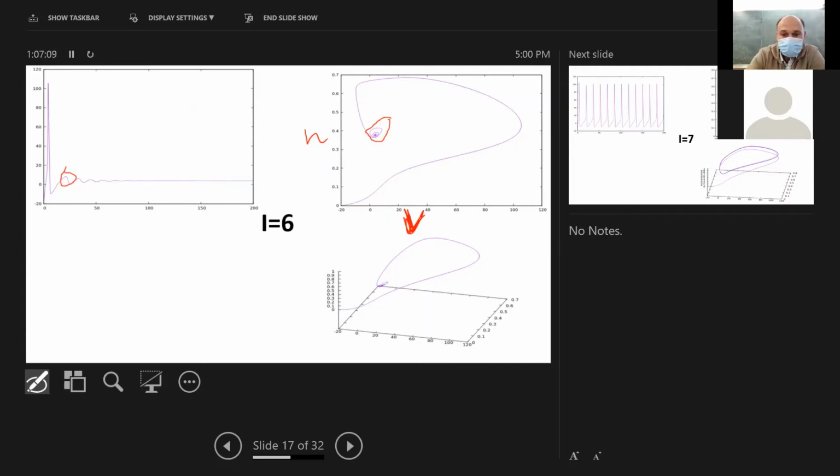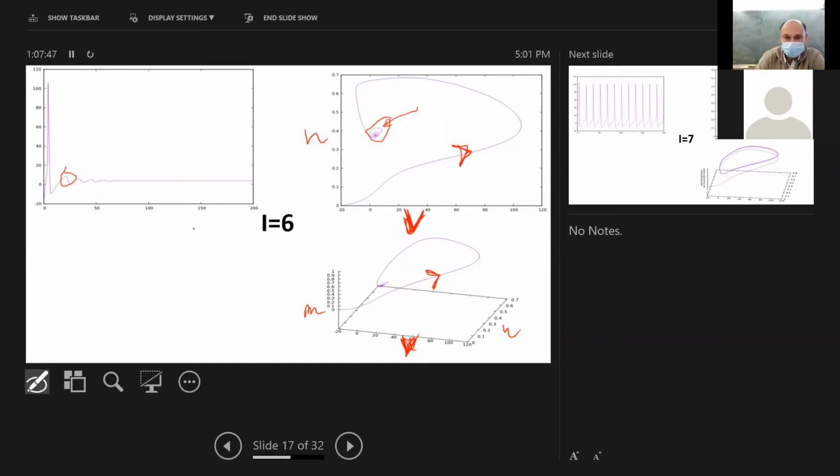And here in the 3D phase, this is v, this is n, and this is n. So I'm going like that. But if you look at the details, you see that you have something interesting right here. It's math. It's able to do this kind of weird spiral stuff.